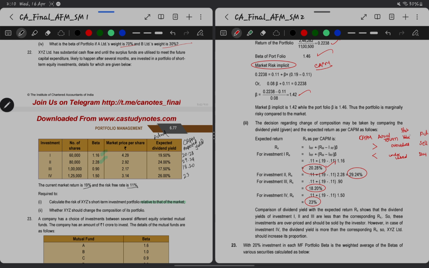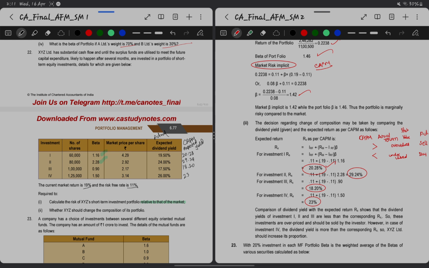CAPM we have discussed in our previous videos also, so please check that once. If CAPM is greater than the actual return, then that signifies the actual return is less than the required return. So the actual return is less than the expected return, and thus it is overpriced.